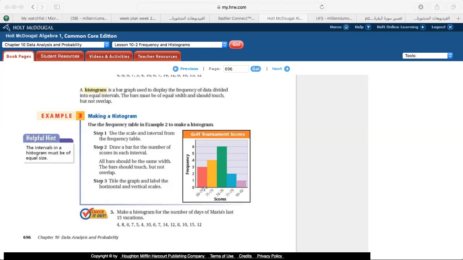And I counted how many numbers are from 68 to 70. They are 3 numbers, so I will make my bar till 3. Then go here, 71 to 73, so I count how many they are, 4, so I will draw my next bar to 4, and so on.